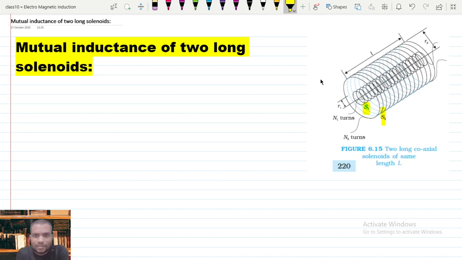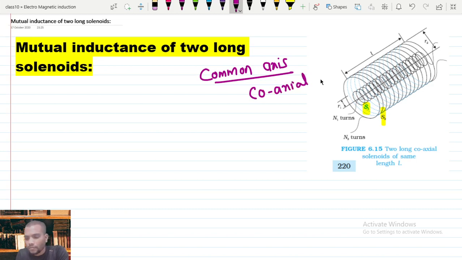It means they have a common axis. If they have a common axis, then we call them coaxial. Now we need to find the mutual inductance of these two long coaxial solenoids.